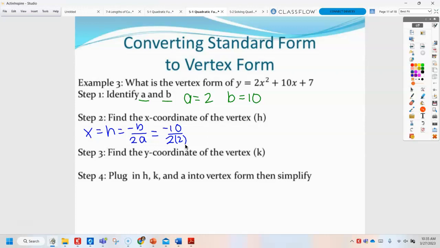We get negative 10 over 4, which is the same as negative 5 over 2, which if you want to see it as a decimal, is negative 2.5. I will keep it as negative 5 over 2.